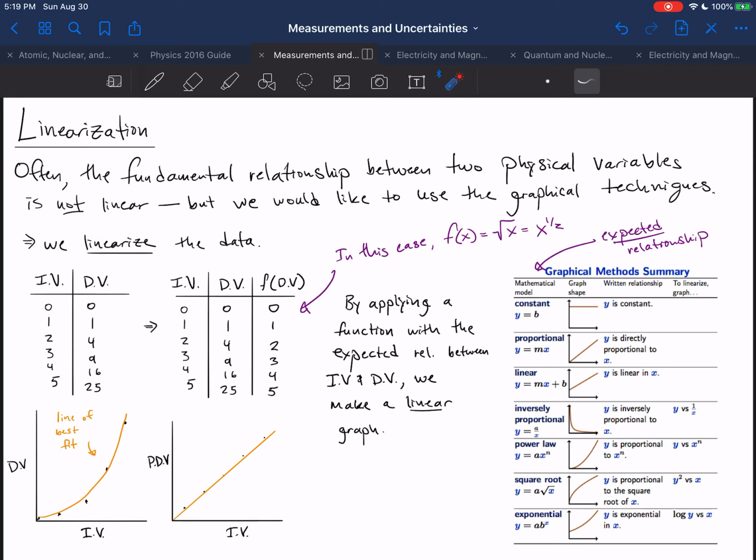So y squared versus x is what you would plot to get a linear relationship in this case, or y versus x to the 1/2 power. We are going to see many, many examples of this before the program is done, and I will remind you of how this works as we get there.